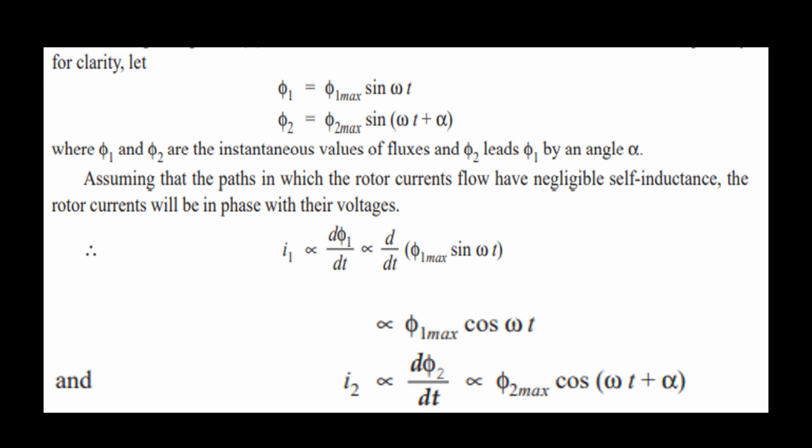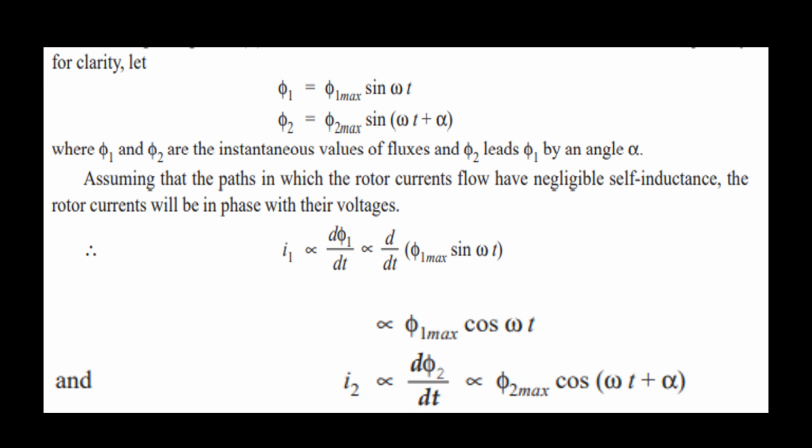After taking its derivative, we will get phi1 max into cos omega t, as d by dt of sin omega t is cos omega t. So current I1 is directly proportional to phi1 cos omega t.